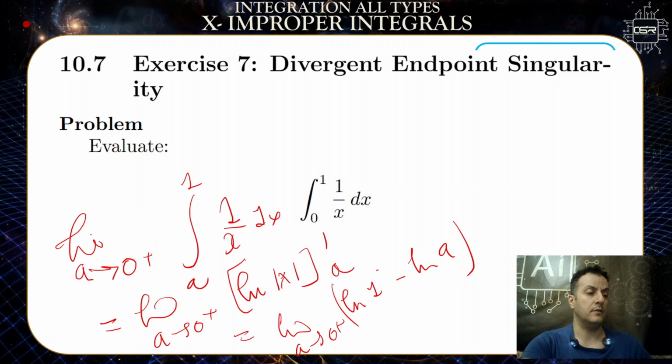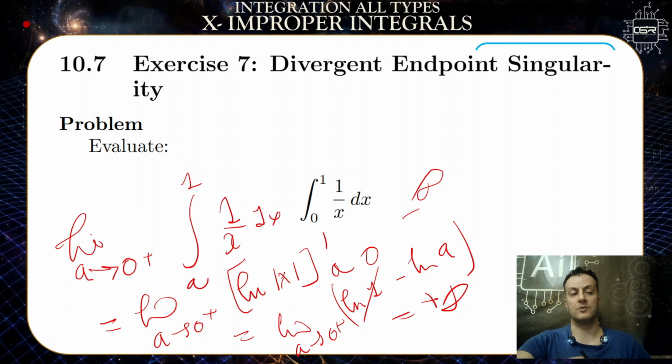Okay, ln 1 is 0, but ln a, which is ln 0 plus, is equal to minus infinity. Minus infinity gives us plus infinity. So the integral diverges and blows up. It's called an endpoint singularity.